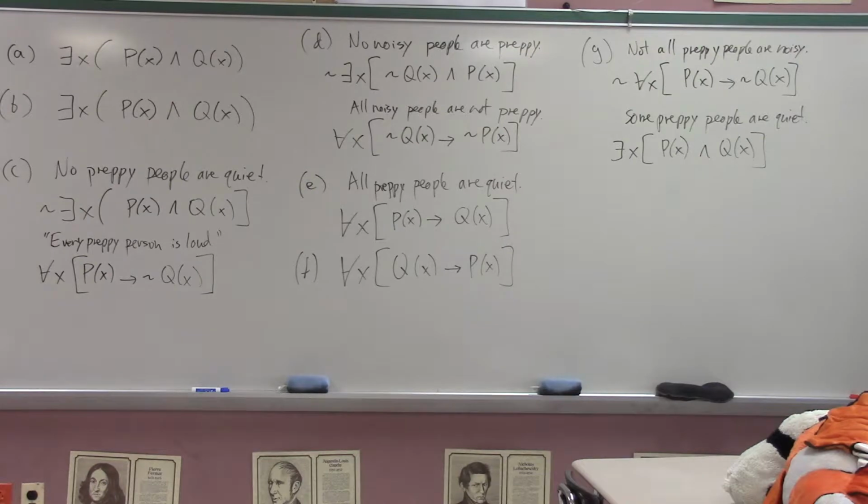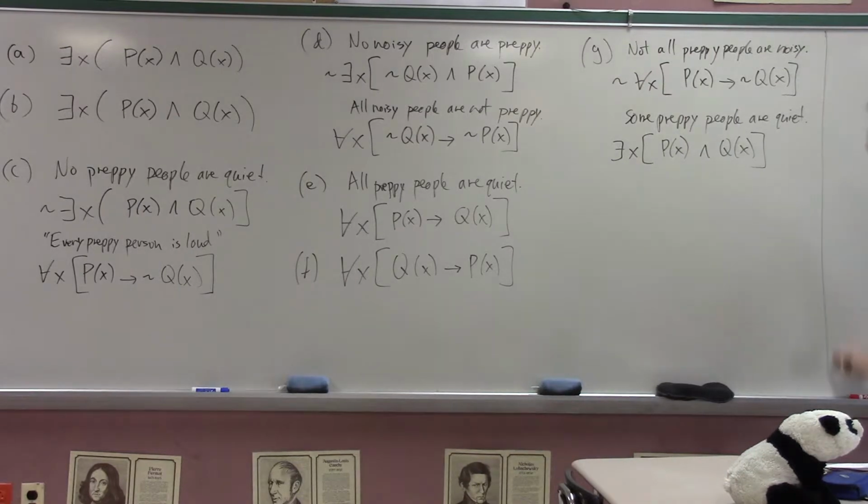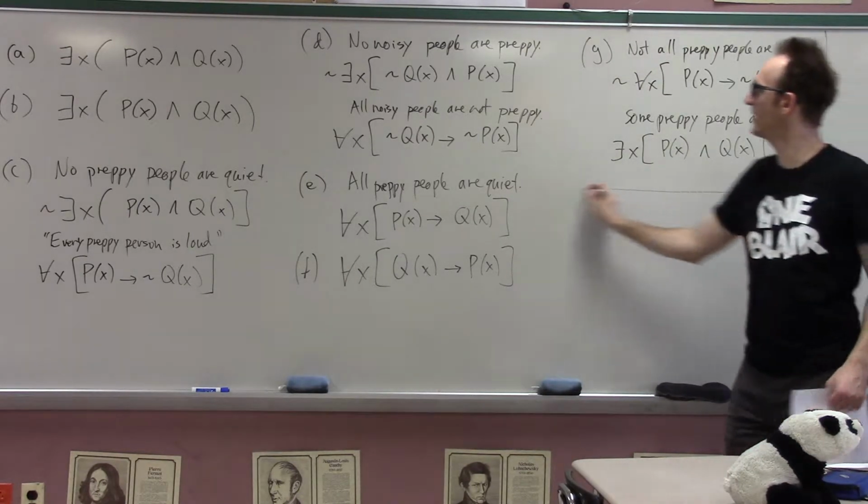Do you guys agree with both of these translations? Yeah? Okay, and now, are you noticing a pattern emerging? Maybe we should discuss regarding these multiple translations. It seems like every sentence you could translate with the universal quantifier and the existential quantifier. Can we talk this out?